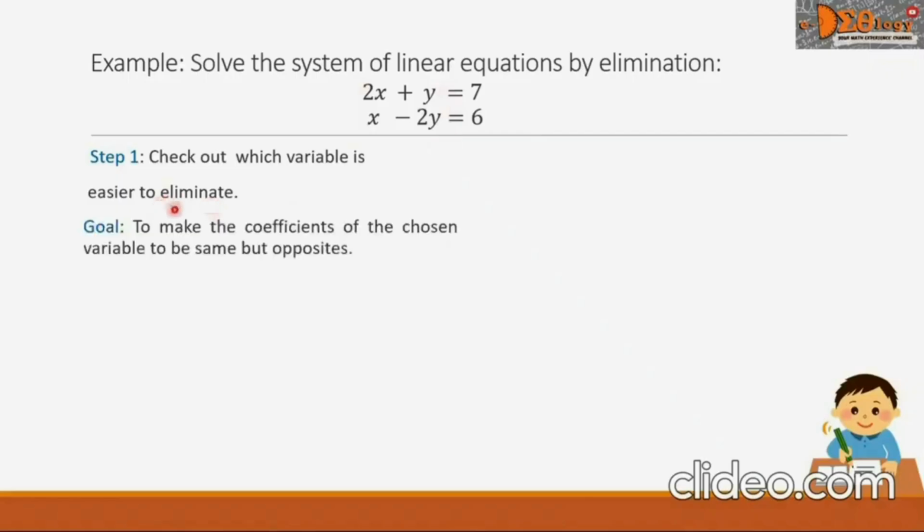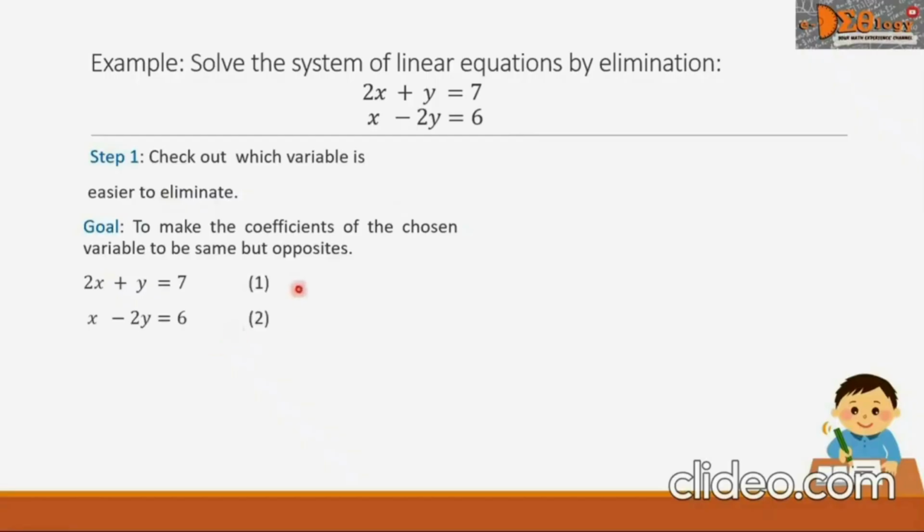And our goal here is to make the coefficients of the chosen variable to be same but opposites, meaning they are of opposite signs. Let us copy these two equations down here.